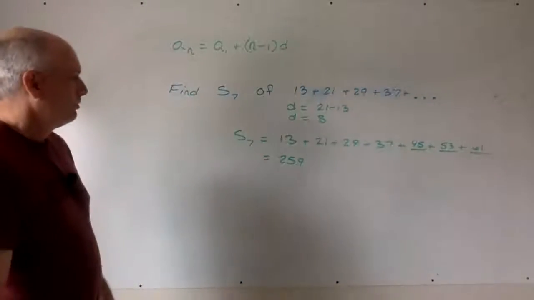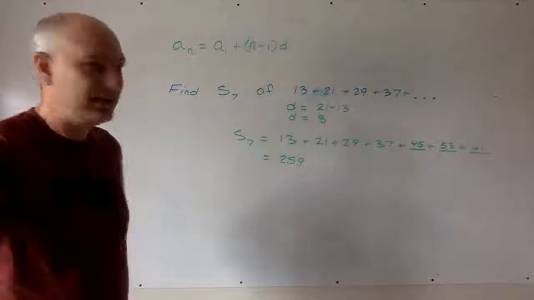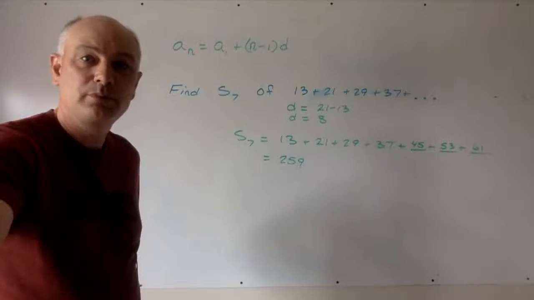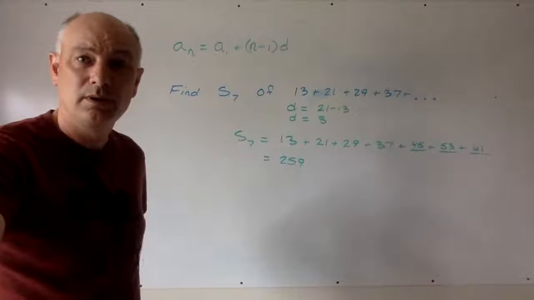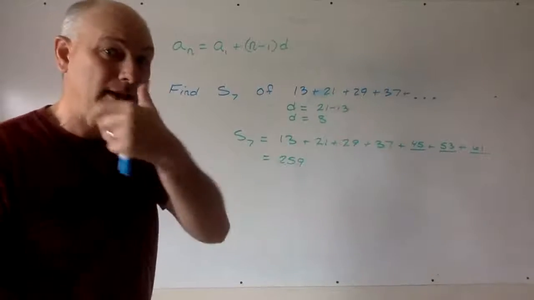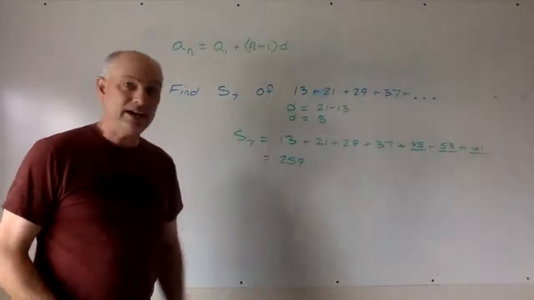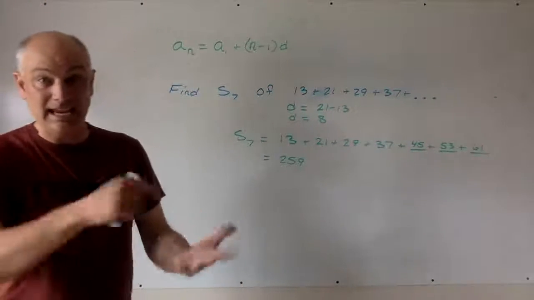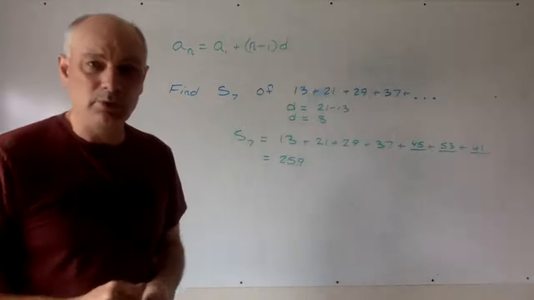Now, what if you had to do this, though, for, let's say, 50 terms or 100 terms? Would you want to have to write them all out and try to calculate by adding and adding and adding? No, I don't think we would.